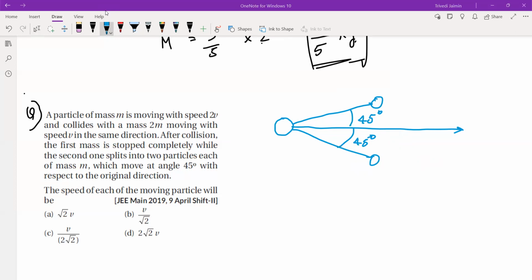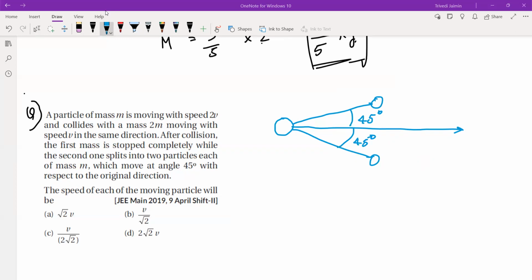So in the x direction, let's name them the above one and the below one, the final condition is mv cos 45 and below mv cos 45, both.